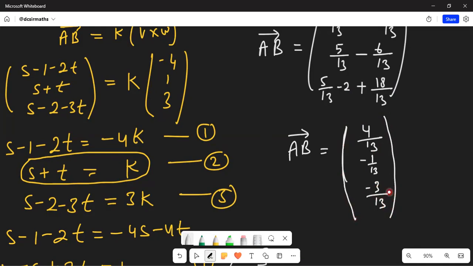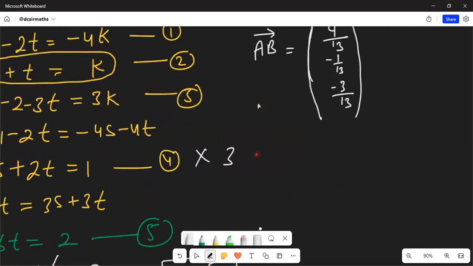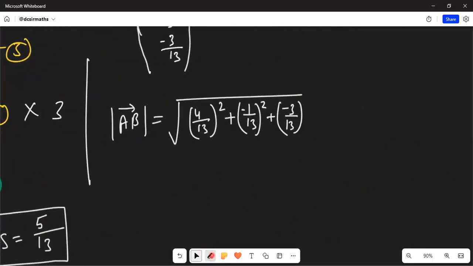Now, once you know the AB vector, you also know that the shortest distance is the mod of AB. So we are going to calculate that. Mod of vector AB is equal to the square root of the squares of these numbers, which is 4 by 13 square plus 1 by 13, that is negative in fact but the square will make it positive, plus negative 3 by 13 squared as well. Since we are interested in finding only this, this is what we were asked.